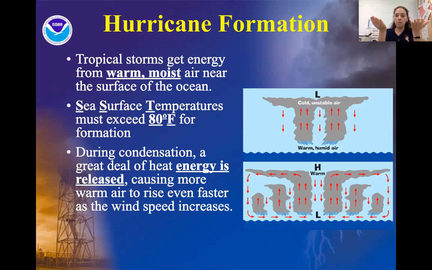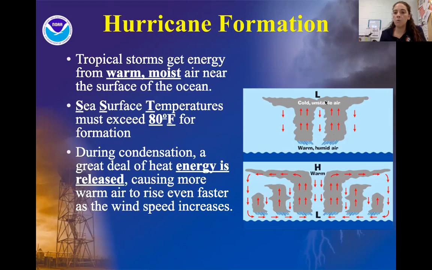With that heat, as the water heats up, it evaporates and goes into the atmosphere, creating the warm, humid air needed in order for a tropical cyclone to progress into a tropical storm and then a hurricane. This happens through a positive feedback loop, where the water, as it rises and condenses into a cloud, releases some heat energy.